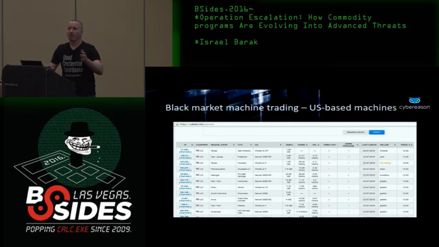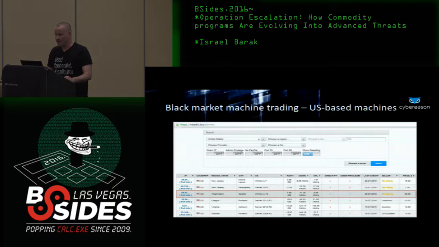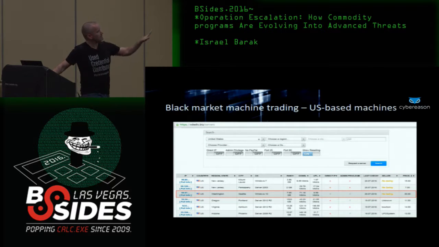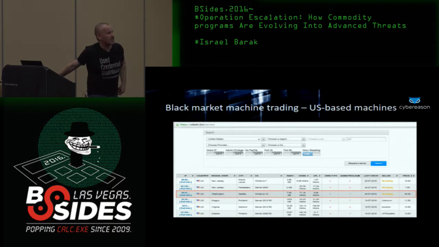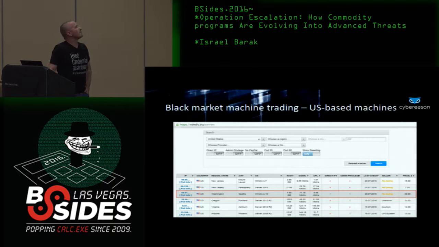Others would be physical servers distributed all around the country. And again, you can check it out. I invite you to take a look at the list and see if you want to buy something. But let's look at specific examples and see how simple that is. We have here a machine actually being resold by someone for $30 in Washington, Seattle.